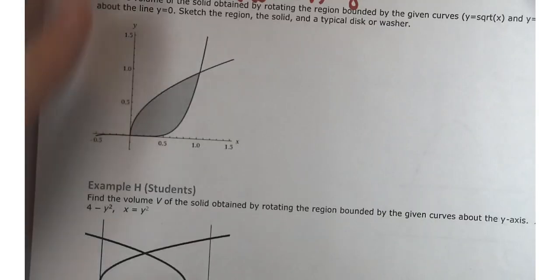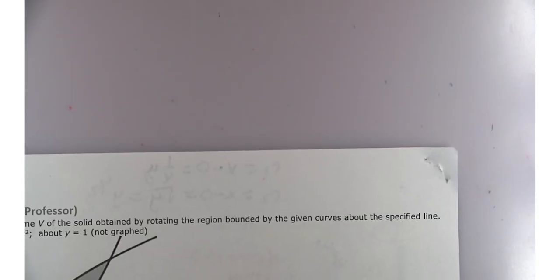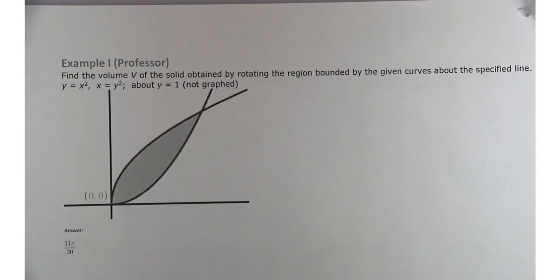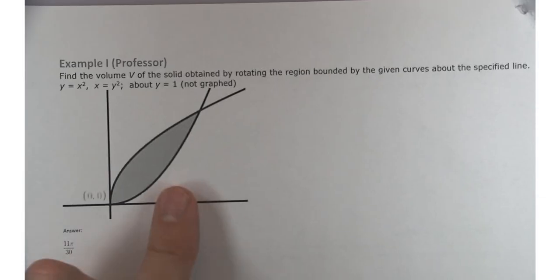Okay, I think I got one more that I want to do, and that'd be example I. So let's move over to example I. One of the things I want to remind you is that sometimes you're going to need to find some of these points yourself.